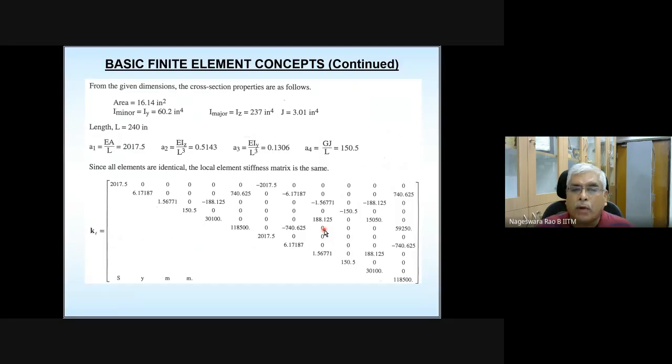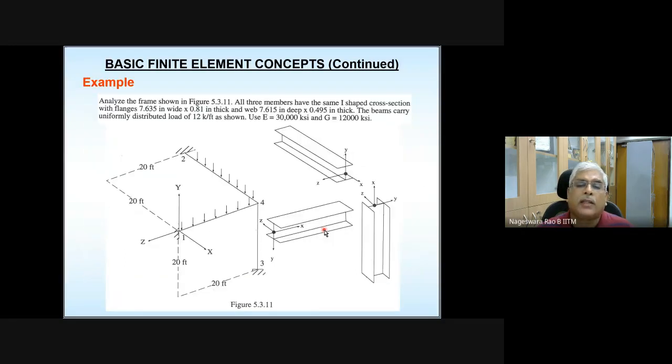In the local coordinate system, I can easily write the stiffness matrix for element 1, or for all elements if they are of the same size. Let's see whether all elements are of the same size. So all elements are of the same size. Irrespective of whichever element you have, element 1, element 2, element 3, cross-sectional dimensions are the same, material properties are the same, lengths of the members are the same.